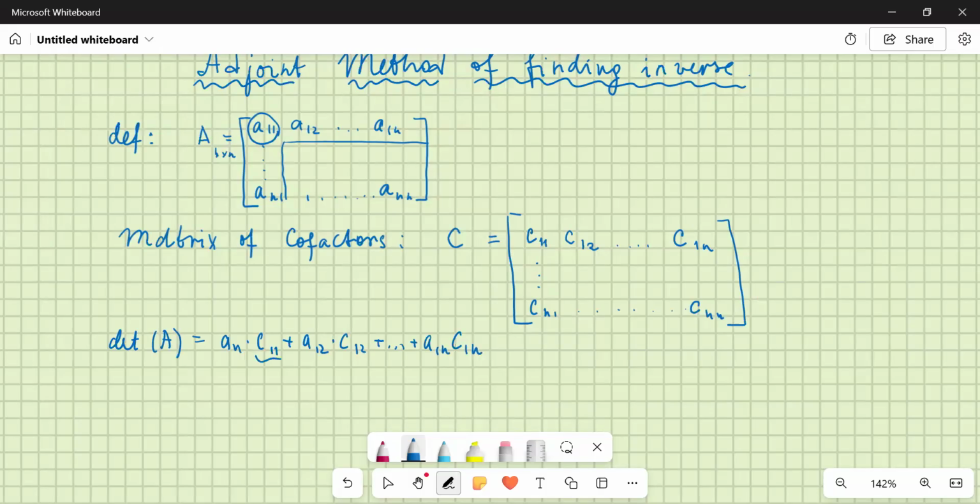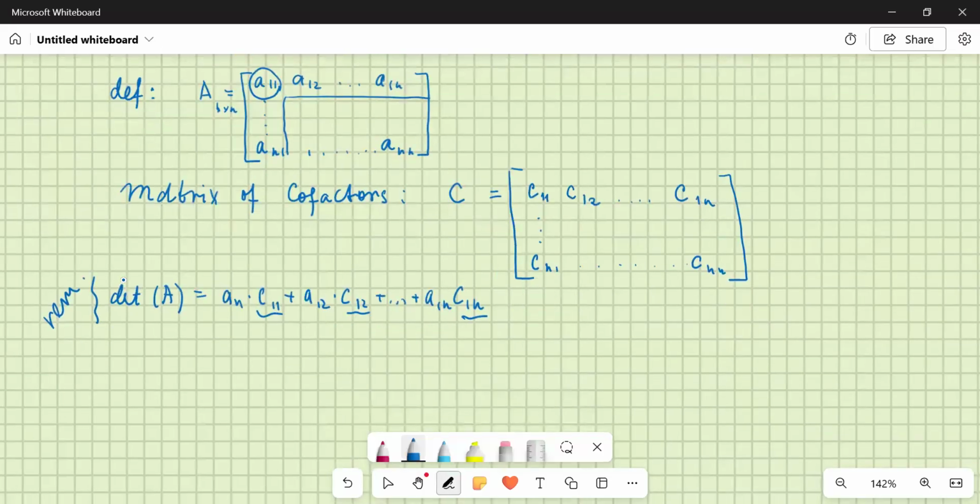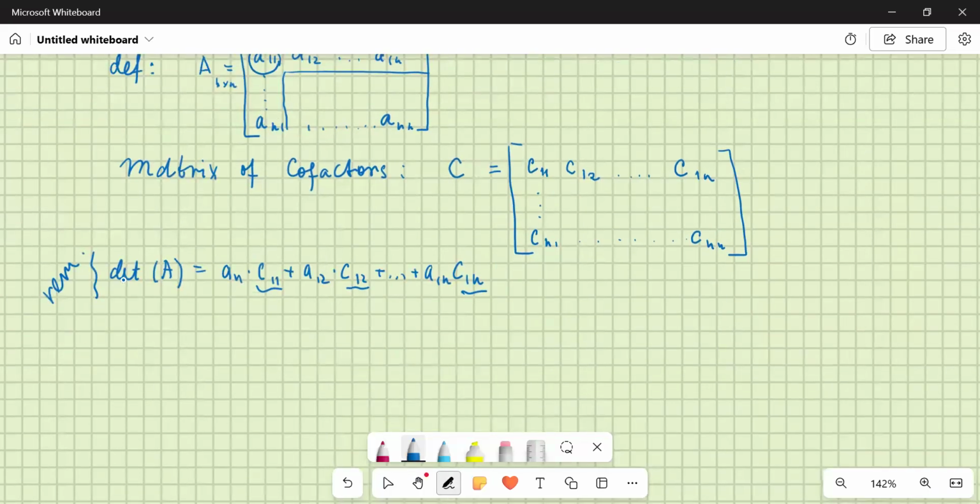So these C's are cofactors, and we just put them next to each element. Just a reminder. So that's the matrix of cofactors. Now, guys, let's transpose this matrix and create the matrix which is called the adjoint of A. The adjoint of A is the matrix of cofactors transposed.